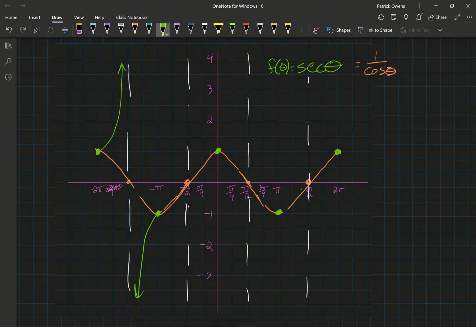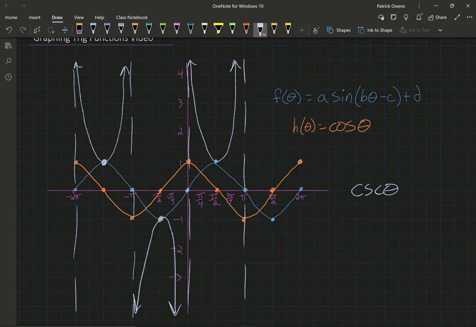And then anywhere that sine has a maximum, your cosecant's going to have a minimum. And you have that single point of overlap on each of these intervals that are between the asymptotes. Okay, so this, I guess that's silver, is your cosecant function. It's the same as secant, just shifted pi over 2.